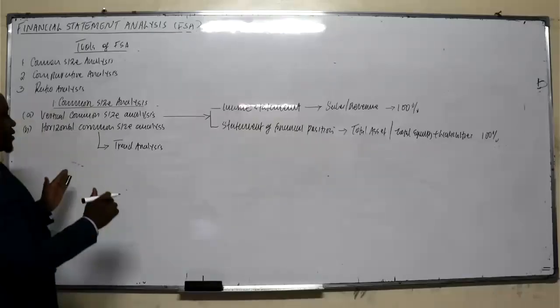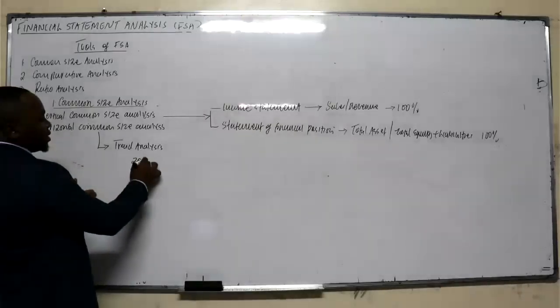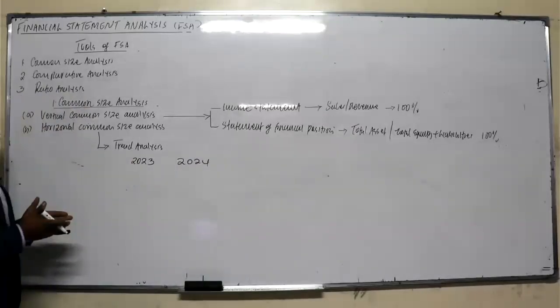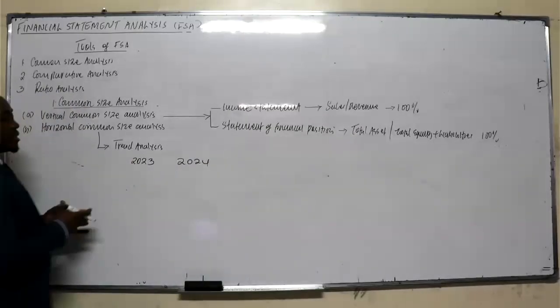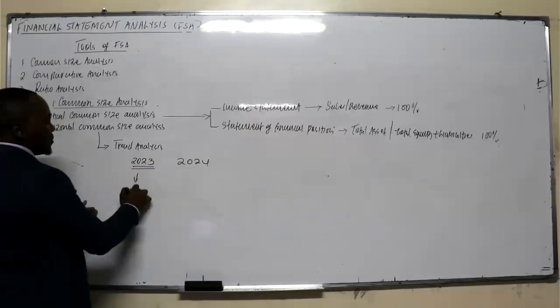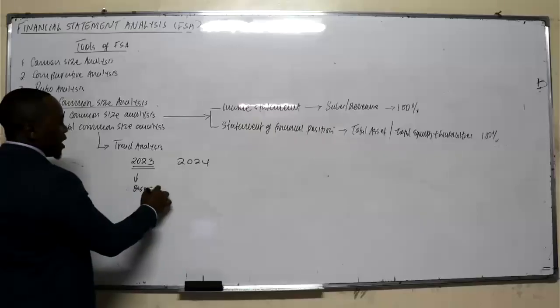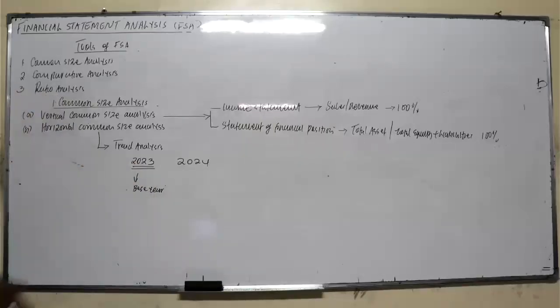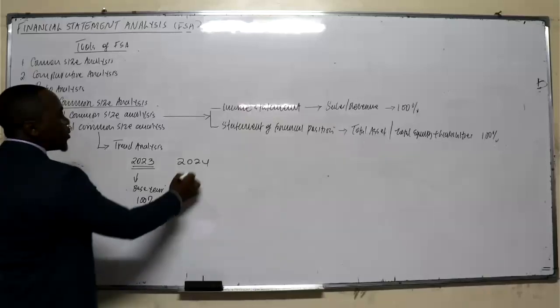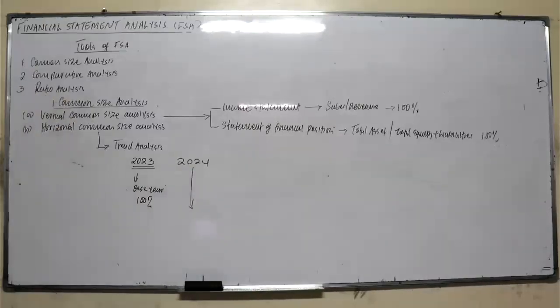In this case, if you're comparing 2 years, 2023 and 2024, one financial year becomes the base year. That is, 2023 will be the base year, whereby you hold all the items for that financial statement as 100%. Then you compare against 2024. As simple as that.